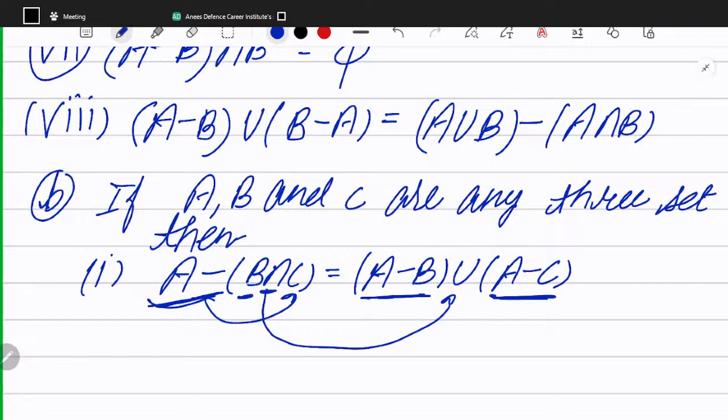This is a very important part of this property: when minus operates, then intersection will be converted into union, and union will be converted into intersection.